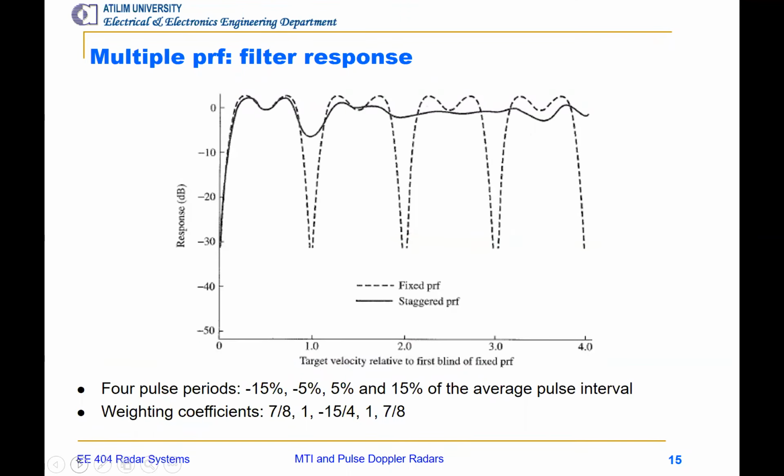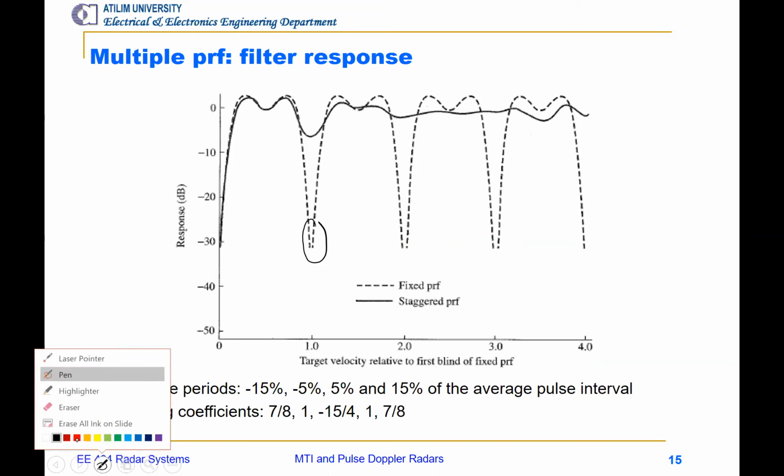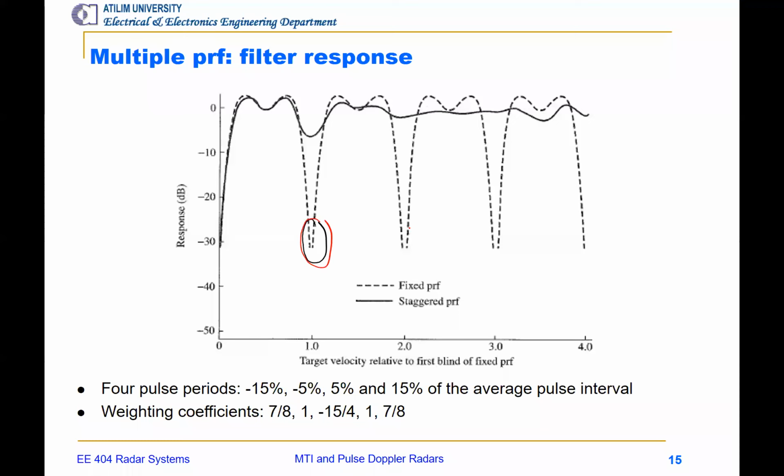Here is how fixed PRF and staggered PRF are different from each other. As you can see, we got responses where we got blind speeds. Now, at these blind speeds, the staggered PRF response is not 0, as you see, right? We are still able to measure the speed of the target at these velocities. Okay, here there are 4 pulse periods.